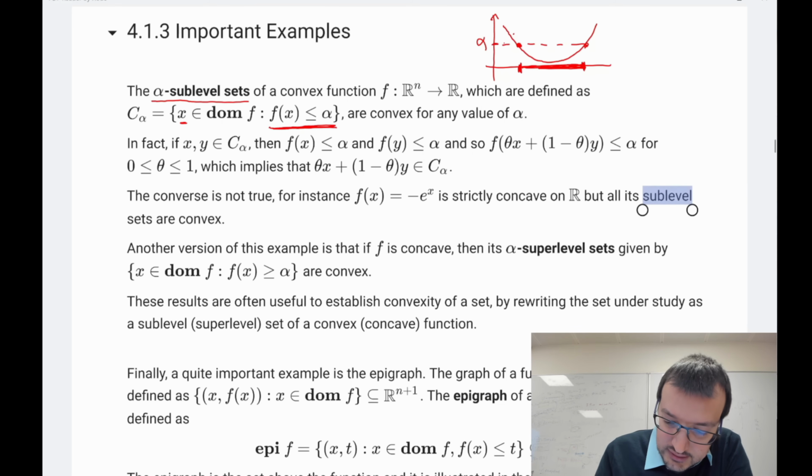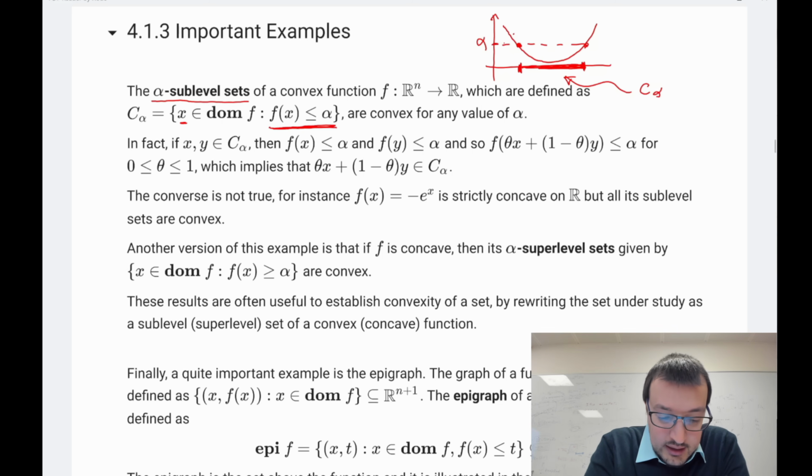So this is, in this case, C of alpha. Now the property is that the alpha sublevel sets of a convex function are convex for any value of alpha.